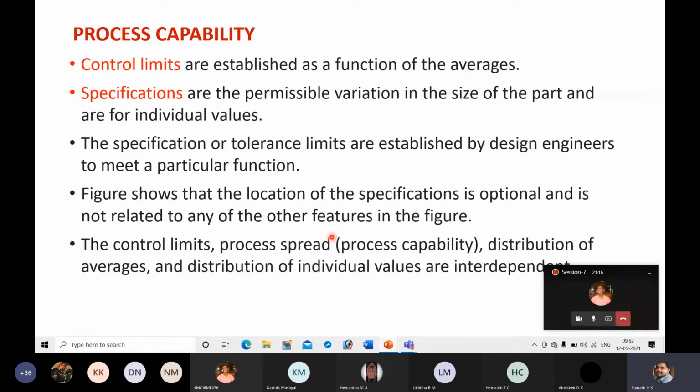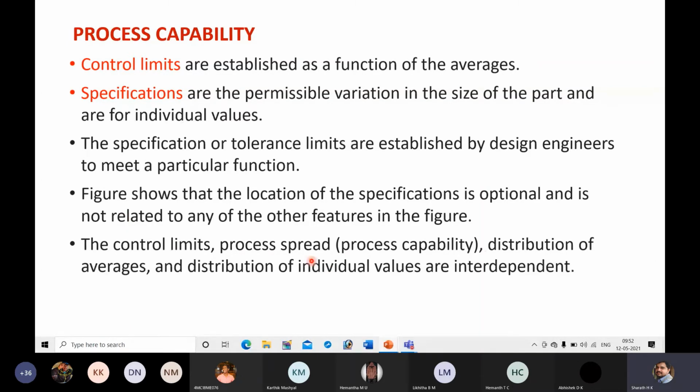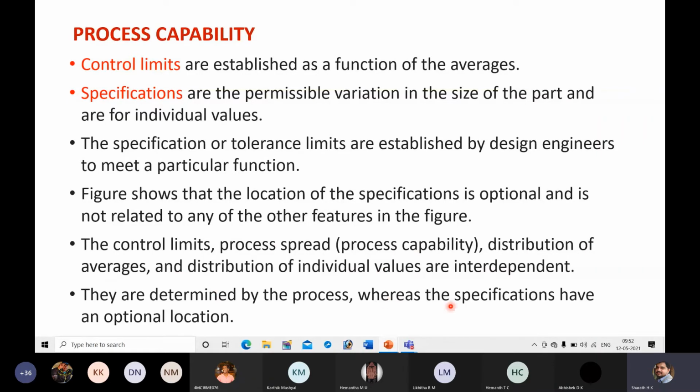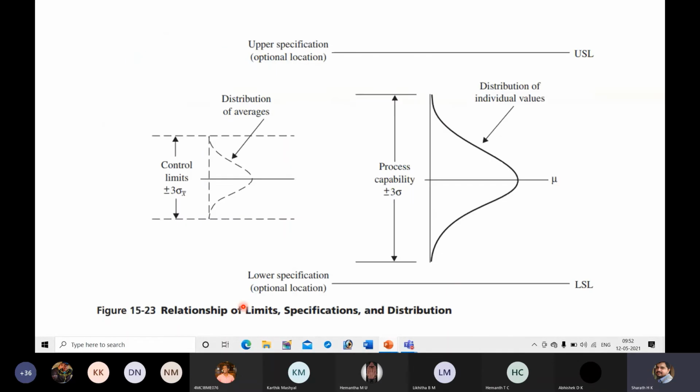The control limits, process capability, or another name for that, process spread, distribution of averages, and distribution of individual values are interdependent. They are determined by the process, whereas specifications have an optional location. Here you can define specification according to the requirement of the company or according to the wish of the engineers who are working in that organization.